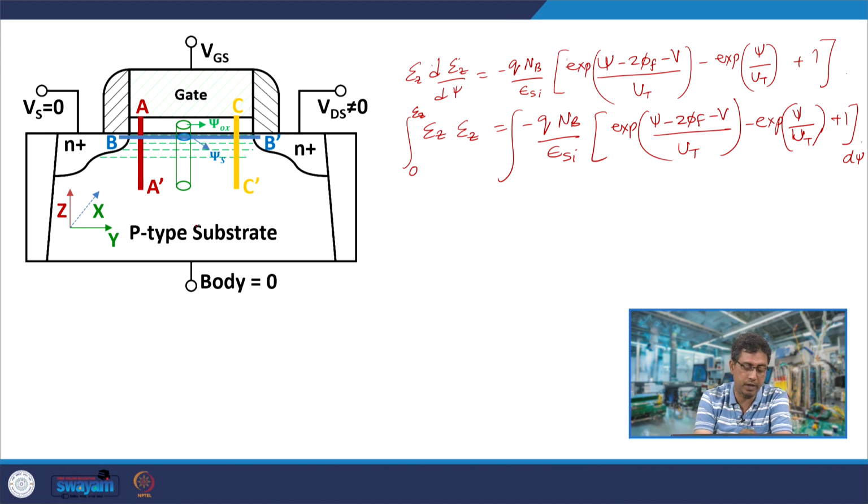So, how do we integrate this? The potential we are defining to be 0 here, and it increases at the beginning of the depletion charge, and it becomes chi s here, the surface potential. So, what do we get?